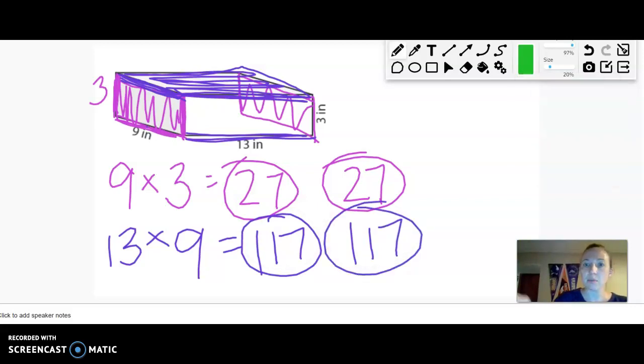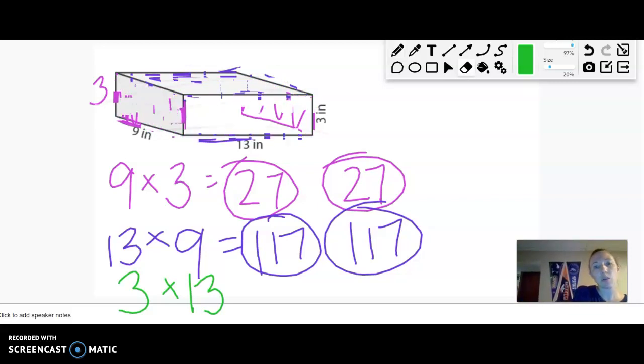Now, if I'm not sure which side I missed or which numbers I haven't used, I'm going to use each number twice, if that helps. So I already used 9 twice, but I still need to use my 3 again, and I still need to use my 13 again, which makes sense, because what I haven't done is this front side yet.